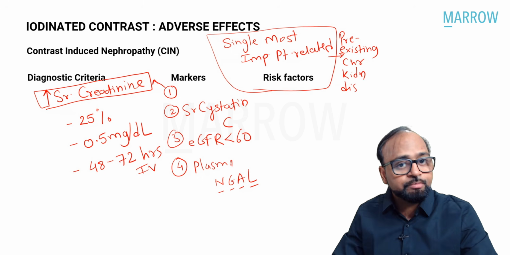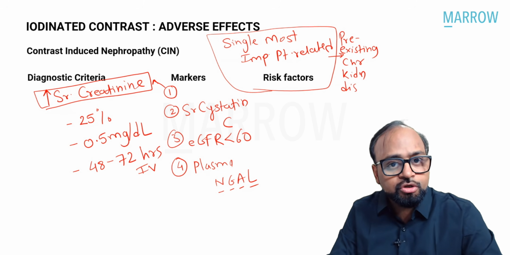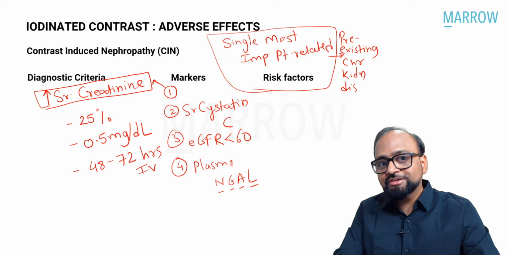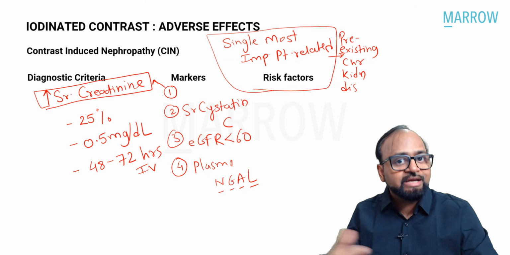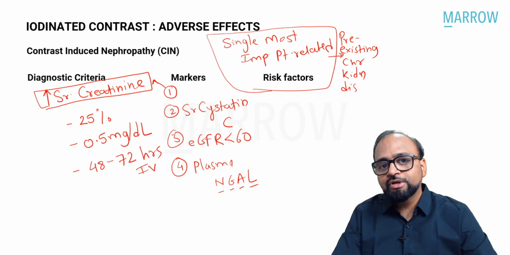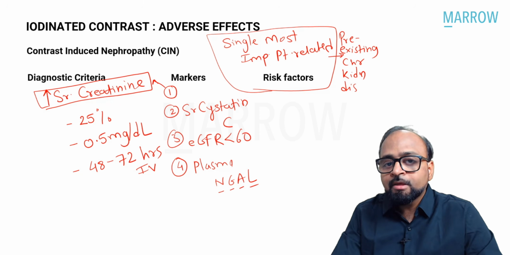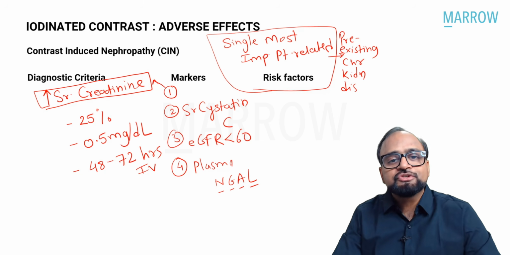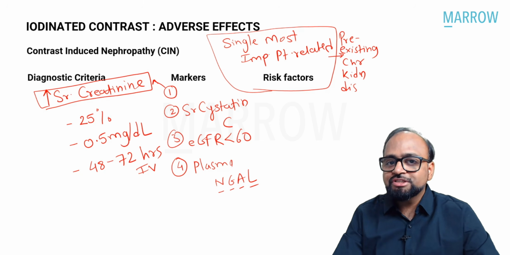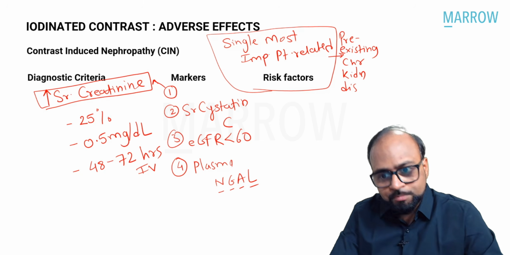So the patient is already a patient of renal failure, chronic kidney disorders, and you inject iodinated contrast, then there is a very high likelihood that the patient will develop contrast induced nephropathy. Therefore, to prevent it, we must first do a renal function test before we inject iodinated contrast.